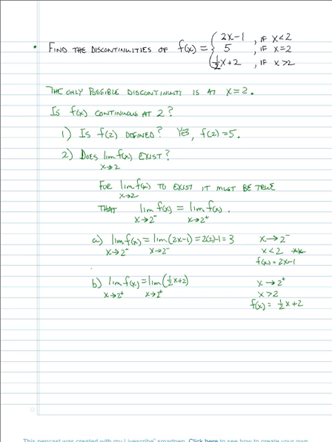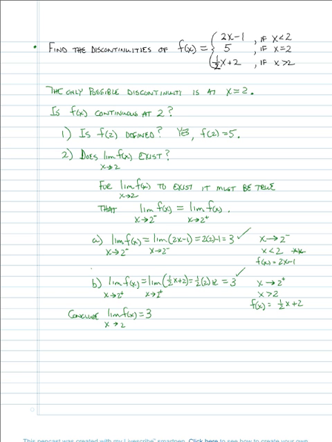the right side. And of course, once again, if x is getting close to 2, then what this is getting close to is 1/2 times 2 plus 2. And we see that that calculates to be 3. So we see that the left-handed limit and the right-handed limit are both 3. So our conclusion here then is that the limit of f of x as x approaches 2 is the same as those two, the left-handed and right-handed limit.